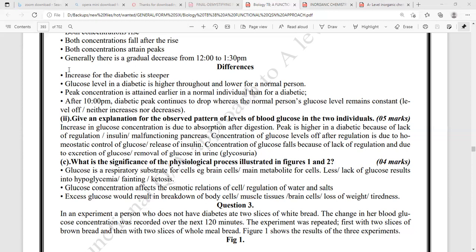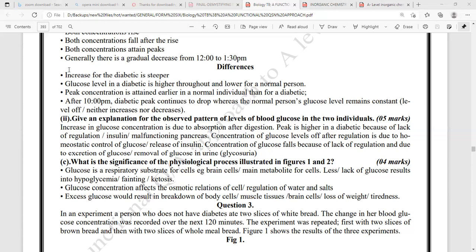But for a normal individual, there is homeostatic control, or regulation of glucose by insulin. Now, when the level comes back to norm, what do we expect to take place? We expect this person to reduce the levels.